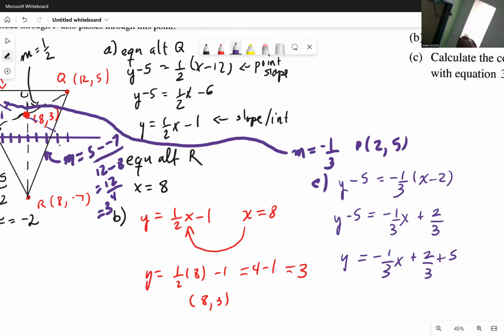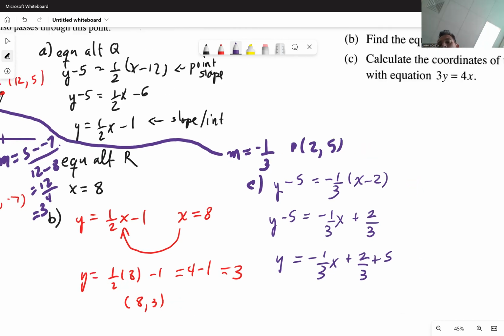So what you want to do is, if you're using the Casio calculator and you put it in there, I think it gives it to you as a fraction, right? But if you don't have that calculator, I'll just make a little bubble here.